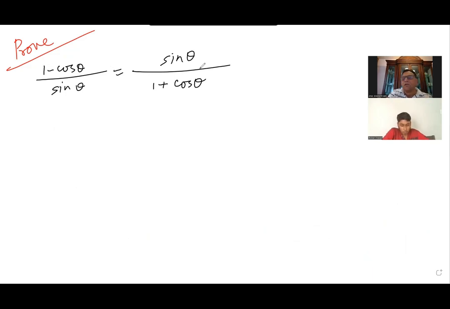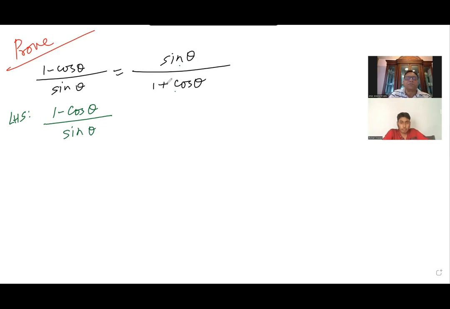Tell me. First thing is, we should decide from which side to start. In this case, we can start from left or right, correct? So let's start with the left-hand side. The left-hand side is 1 minus cos theta over sin theta, correct? Now clearly, what we really need is sin theta on the top, and 1 plus cos theta in the denominator.